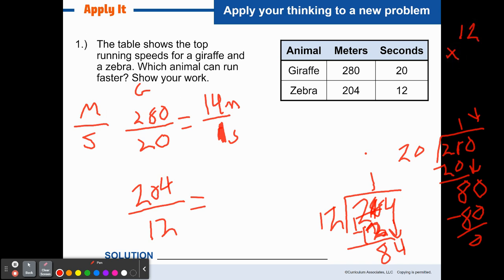And we can say, alright, 12 times. Let's do 12 times 8, right? 8 times 2 is 16. 6. Carry the 1. 8 times 1 is 8 plus 1 more is 96, right?